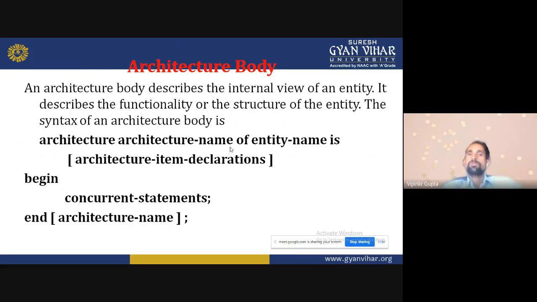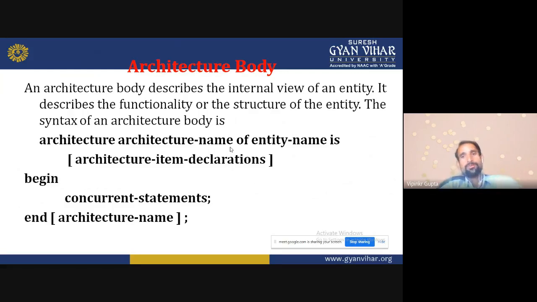Architecture, then the architecture name. Any name we can use for that purpose. Suppose we are designing the half adder, then we write the architecture name as half_adder underscore ad. That is the architecture name of whatever entity we are using in that program.